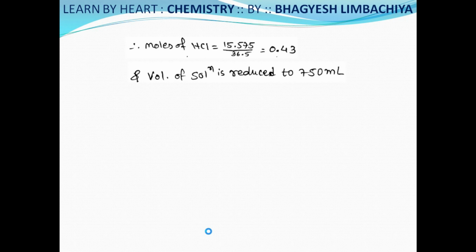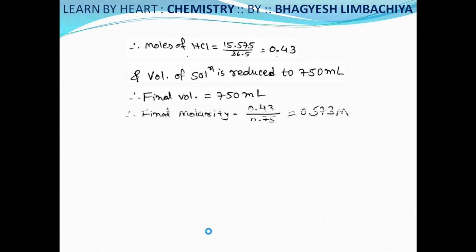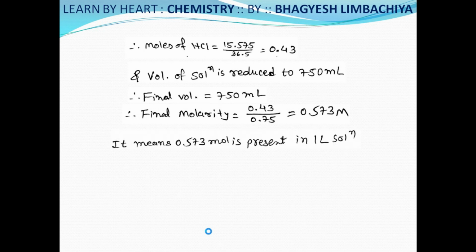Here, solution is reduced to 750 means the final volume is 750. If you were asked that the volume of solution is reduced by 750, at that time you have to subtract 750 from the initial volume. Here it will be 750 ml. So final molarity will be 0.43 by 0.75. So our answer is 0.573 molar.